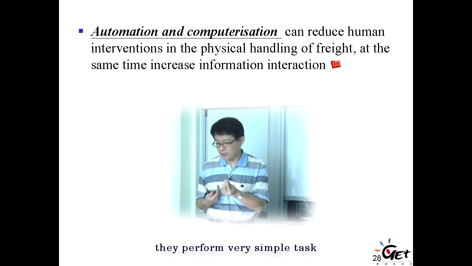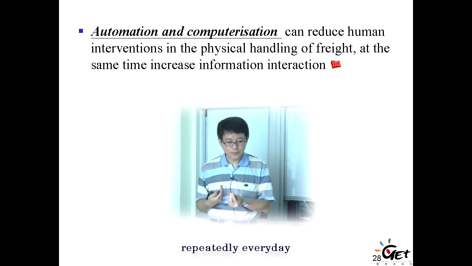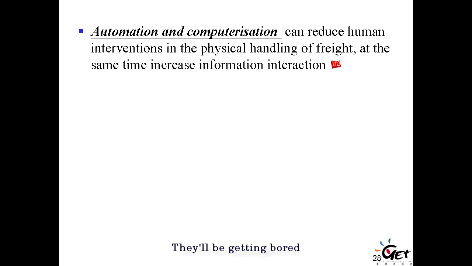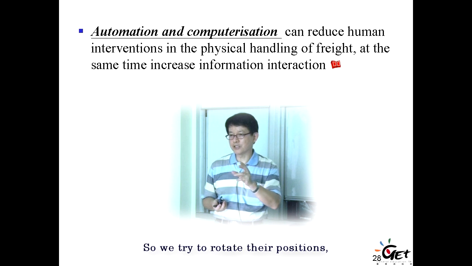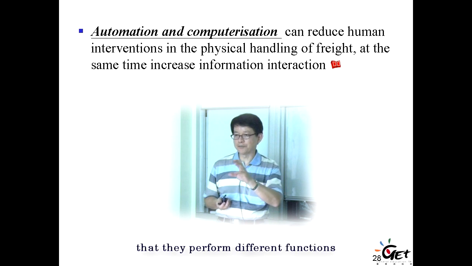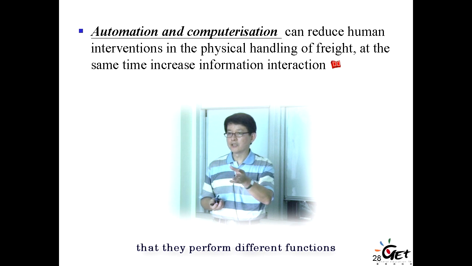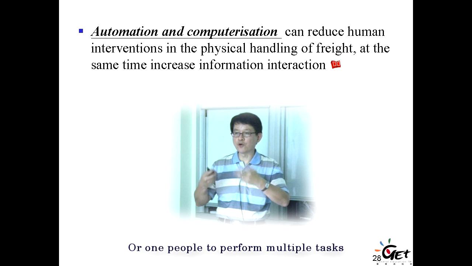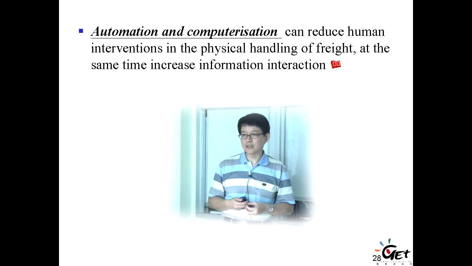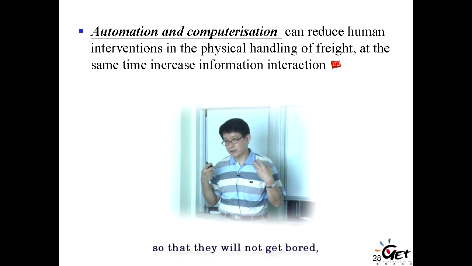They perform very simple tasks repeatedly every day. They will be getting bored, right? So we try to rotate their positions, let them perform different functions, or we let one person perform multiple tasks, right? So that they will not get bored.